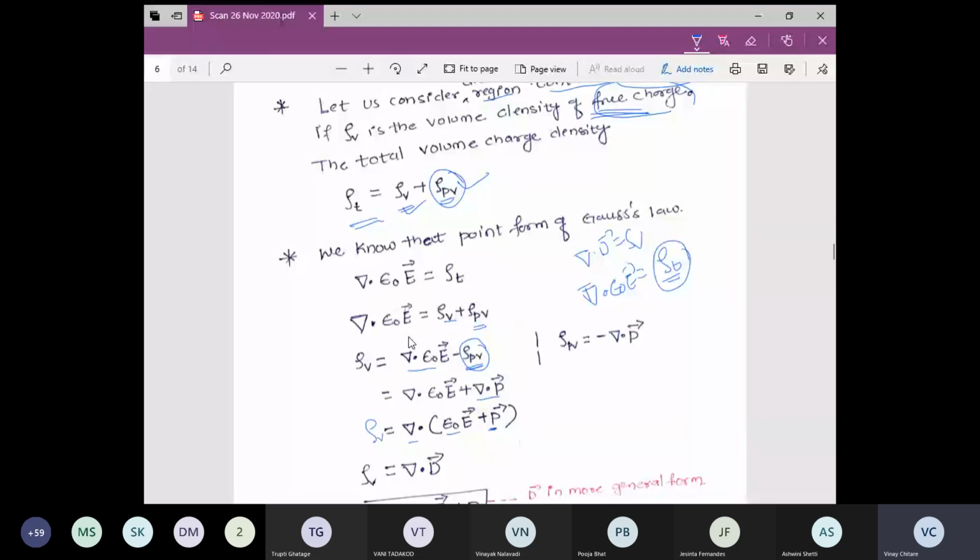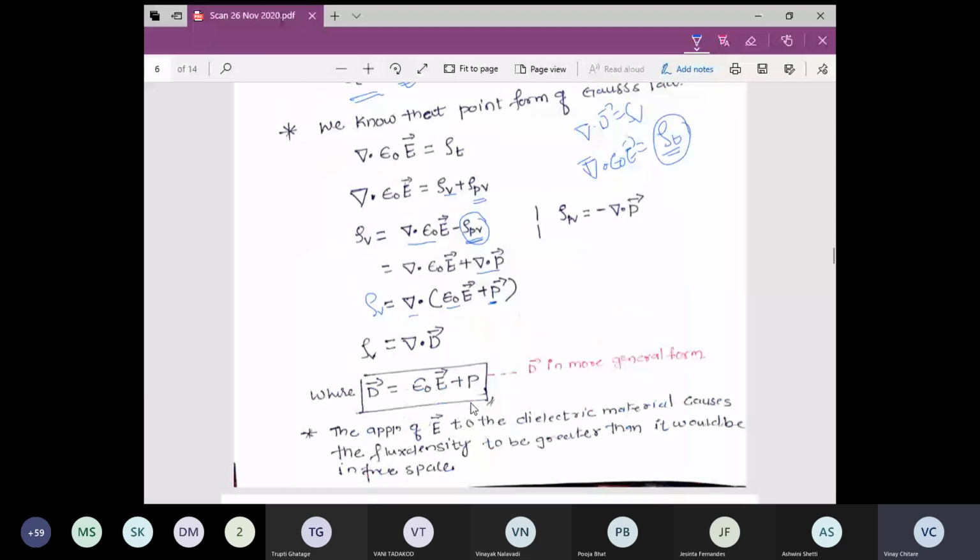Now you could see that we can really write this term as D in a more general form. Hence, inside a dielectric material, we can write the expression D is equal to epsilon naught times E plus P, where P is the polarization of the dielectric material.